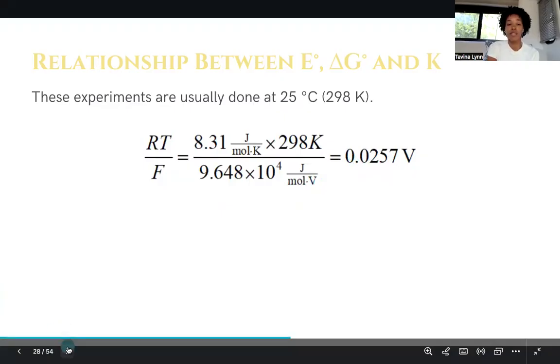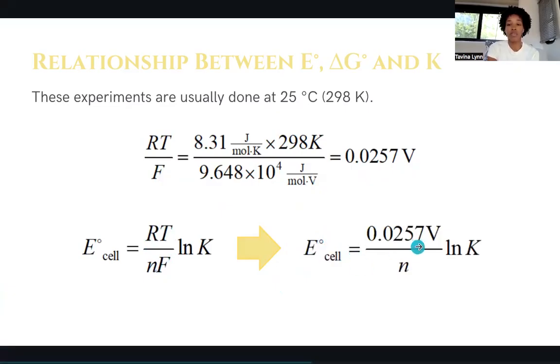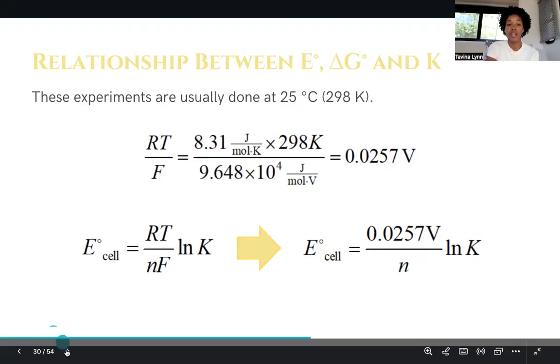So if we substitute in that value for RT over F, this equation will reduce to standard cell potential equals 0.0257 volts over N times natural log of K. This equation is only true when we are talking about standard temperature, at 25 degrees Celsius. At another temperature, we would have to use this equation here and plug in whatever that temperature value is.